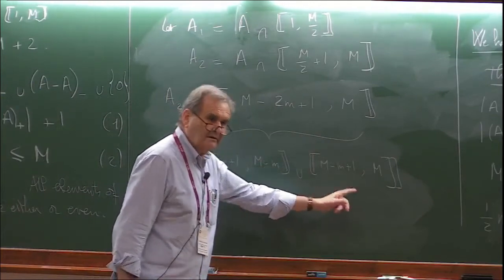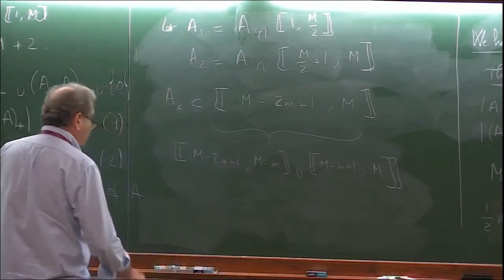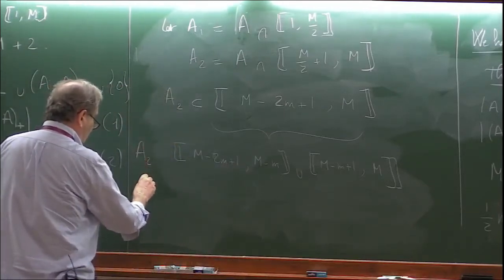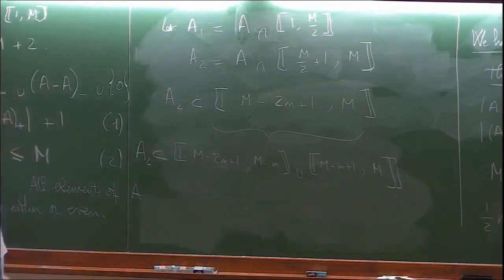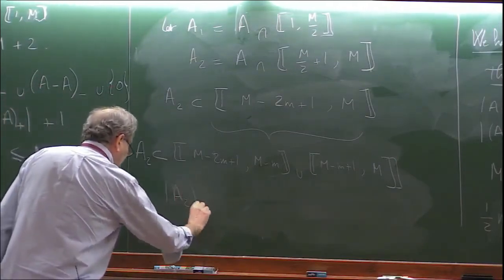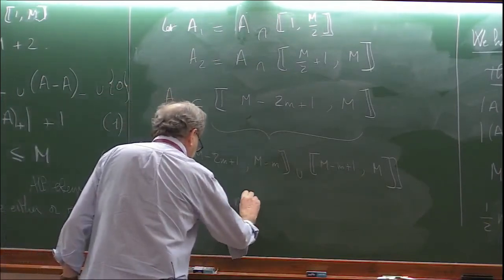If it is in this one, then the other one is not. So indeed what you have is that the cardinality of A2 is included in this set. But it is also a subset of A. So the cardinality of A2 is at most little m.